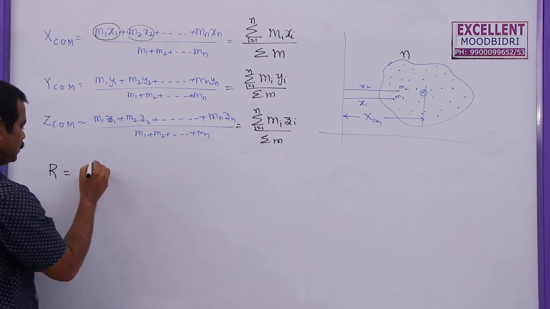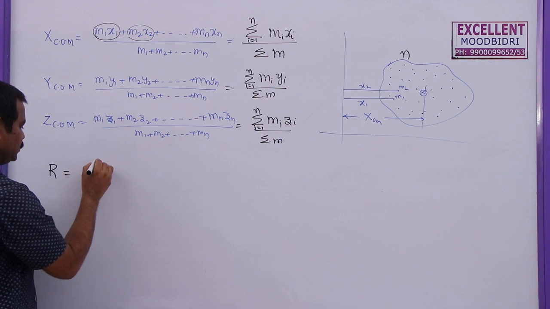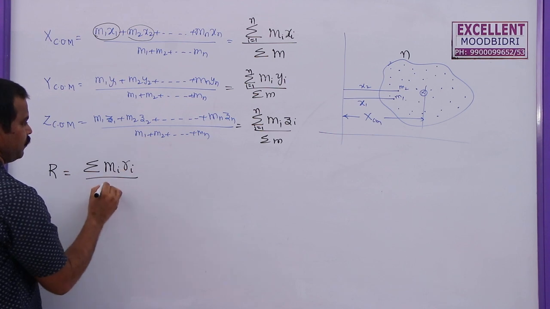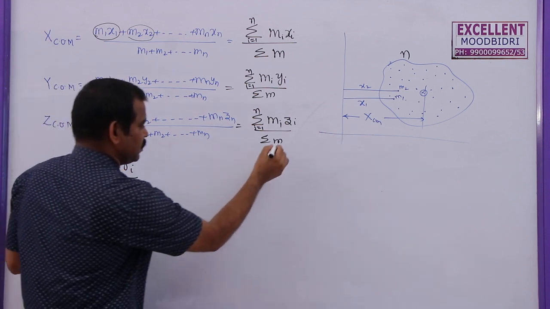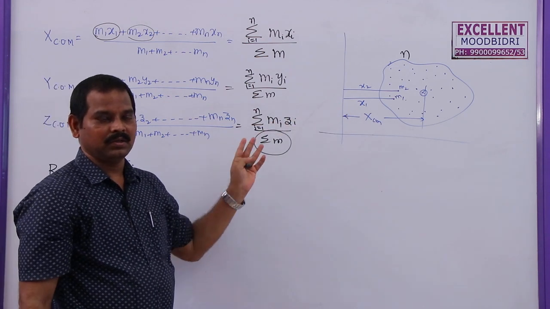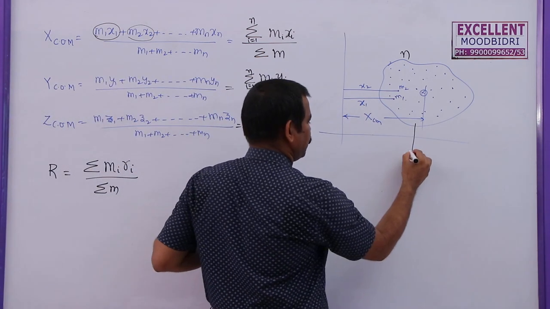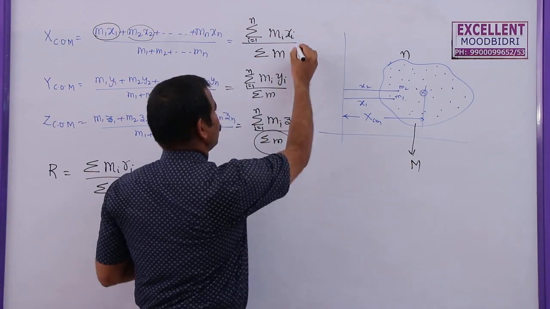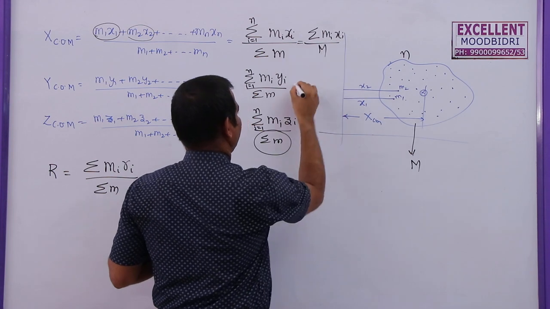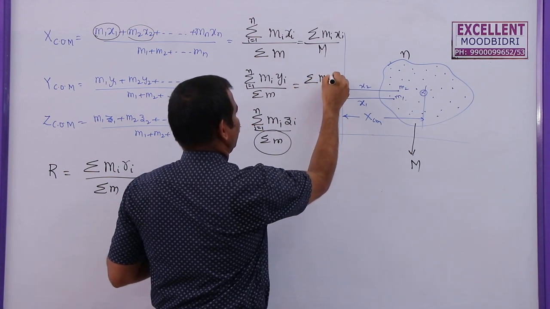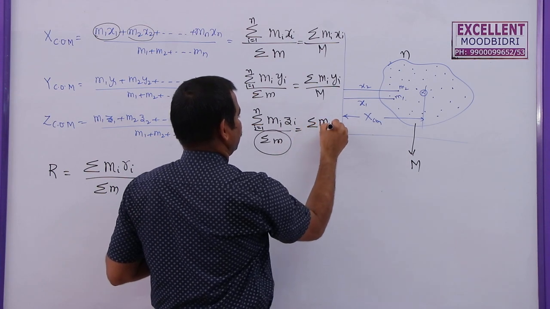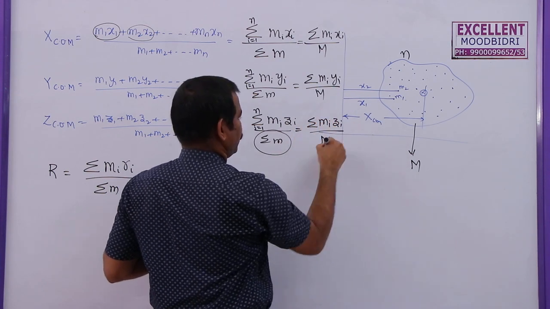You can write this as RCOM is given by sigma mi ri by sigma m, where sigma m is the total mass of all the particles in the body, which we call the total mass of the body. Let the total mass of this body be M. So, you can write sigma mi xi by capital M, sigma mi yi by capital M, sigma mi zi by capital M.